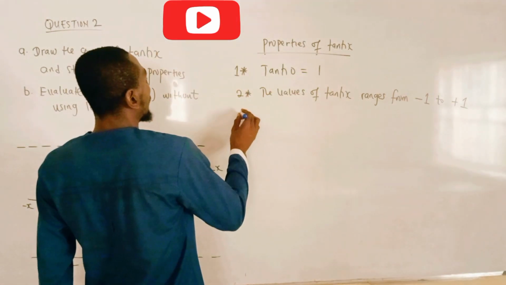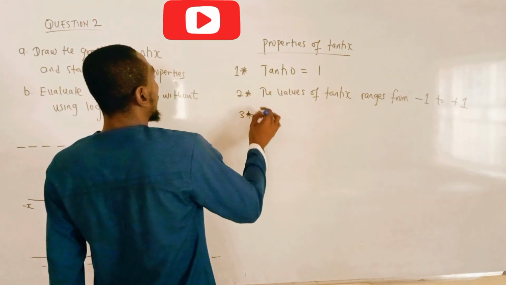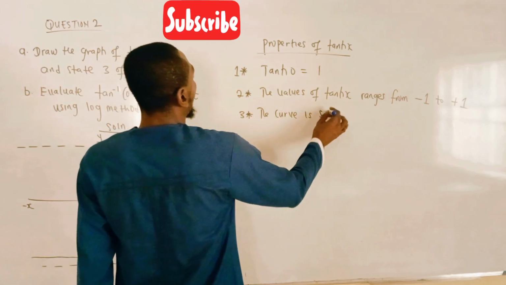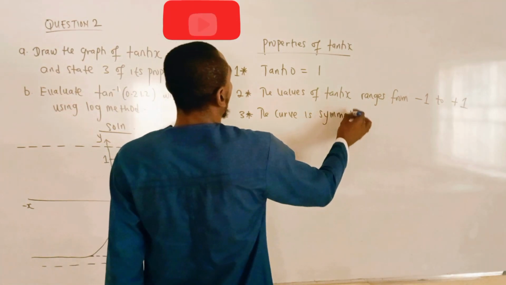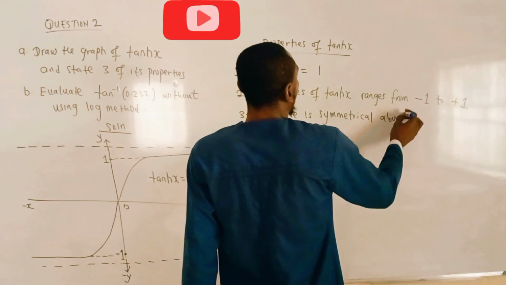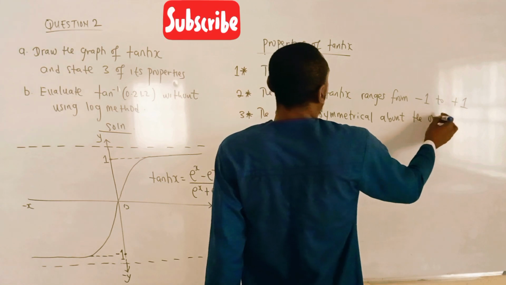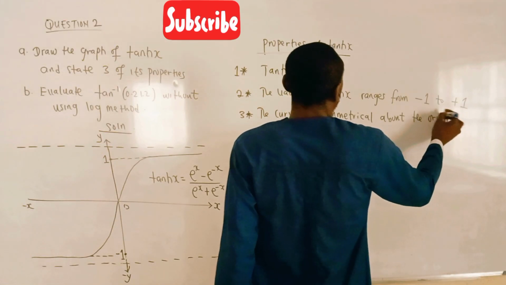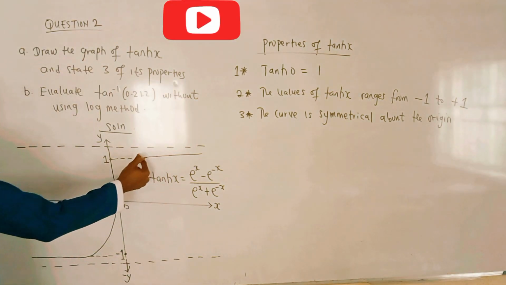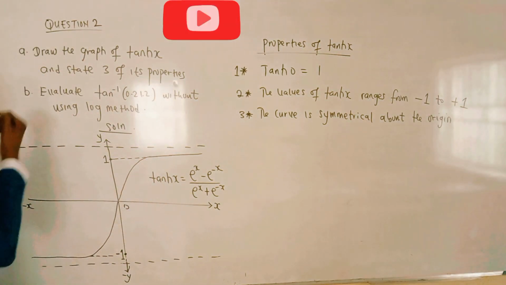Okay? So we have number 3. The curve is symmetrical about the origin. It takes its turning path through the origin.